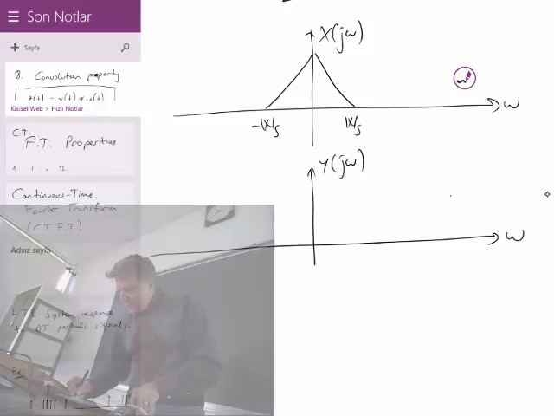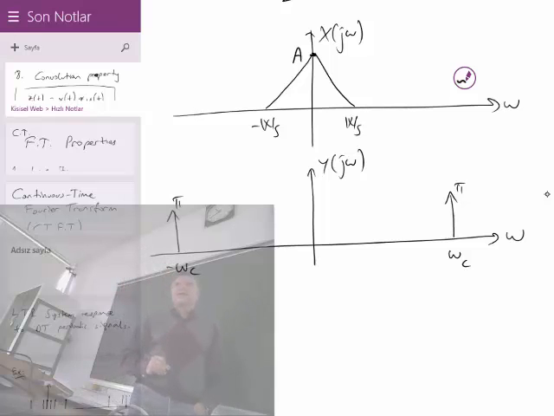Let's assume that these are two impulses at omega c, the carrier frequency, and minus omega c, and their magnitudes were pi and pi. Let's assume the peak here is A. So when we convolve the top shape with the bottom two impulses and multiply by 1 over 2 pi, what's going to happen?